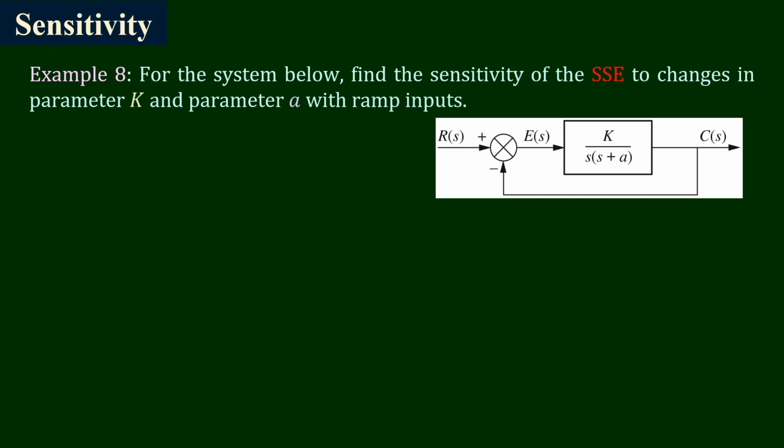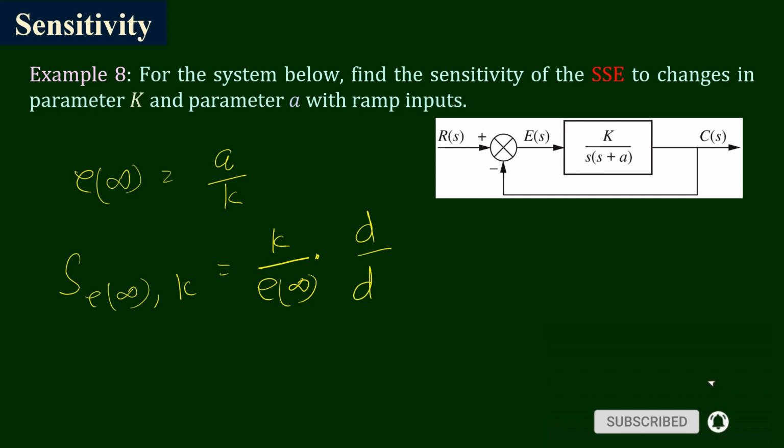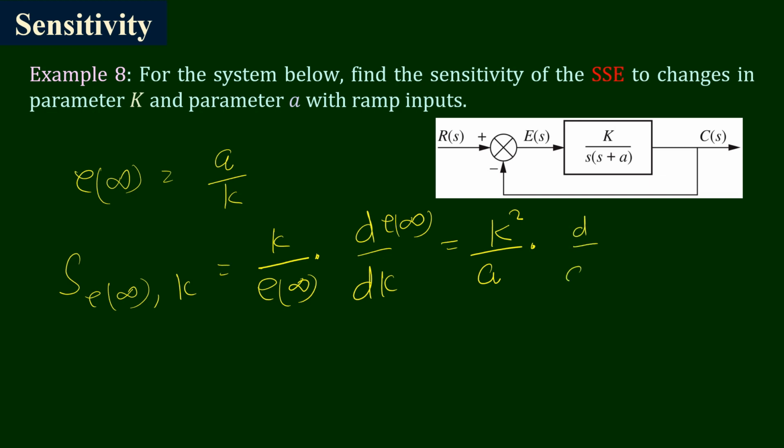Again, E infinity is equal to A upon K, and if I want the sensitivity of E infinity with respect to K, it will be K upon E infinity times the derivative of E infinity with respect to K. Here you get K upon A upon K, which gives K squared upon A, and the derivative d/dK of A times K to the power minus 1.